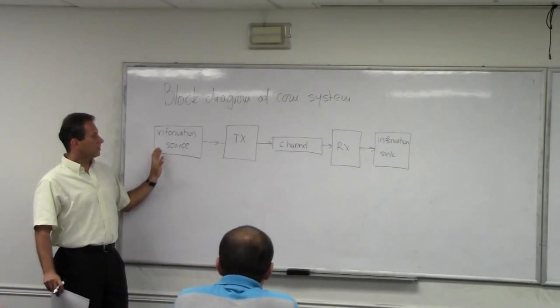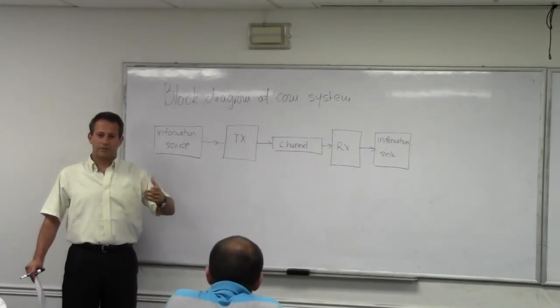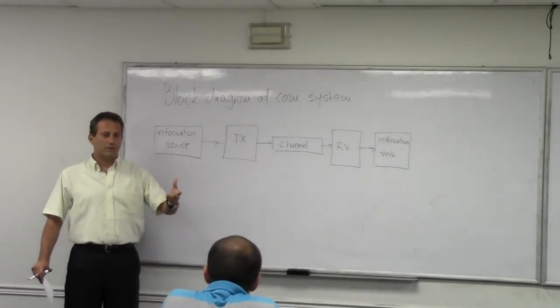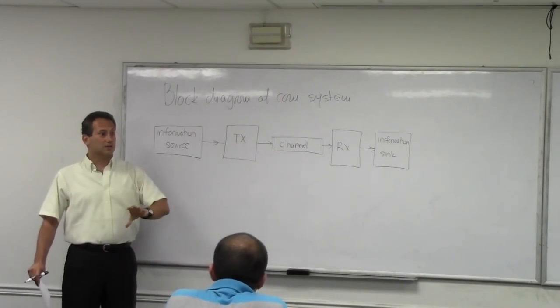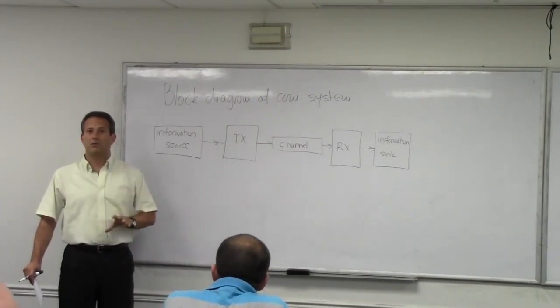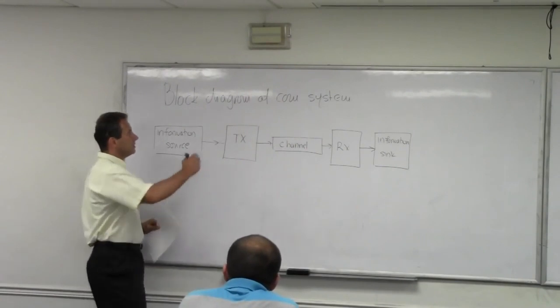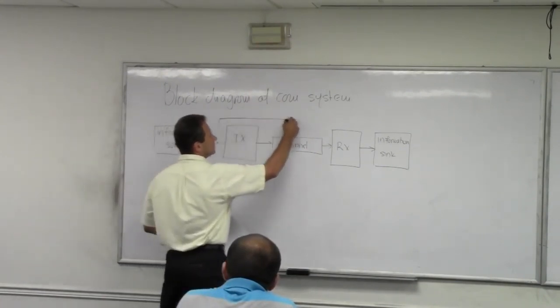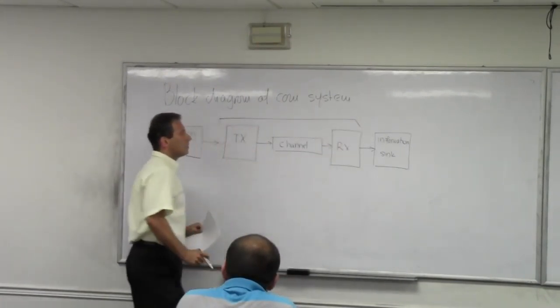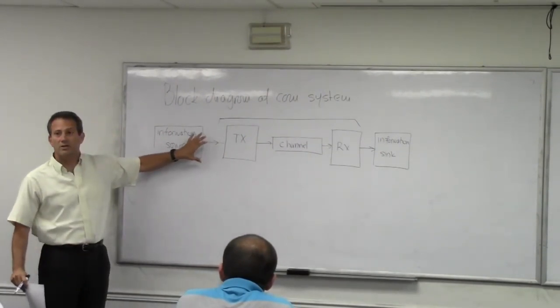So in this course, this notion of information, although very important, is not going to be addressed. We're going to narrow down what we consider a communication system and look at only this piece here. We're not going to be concerned about information per se.